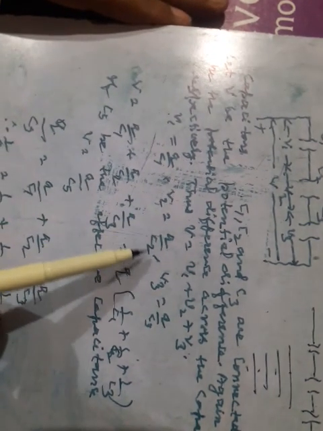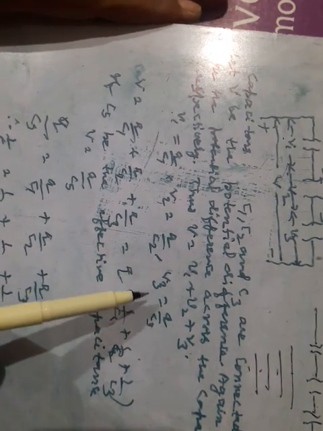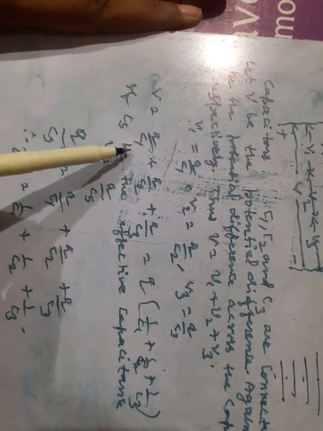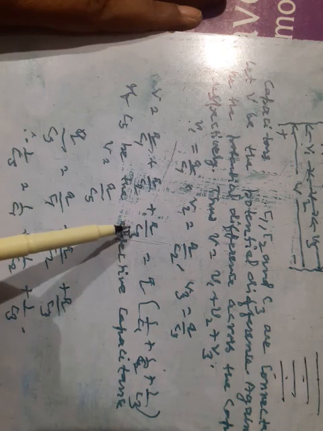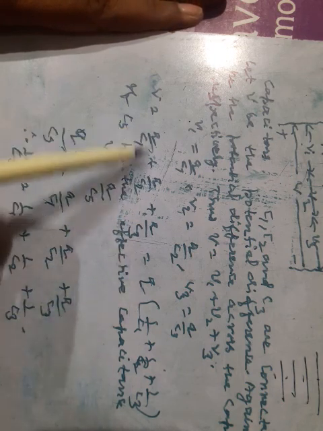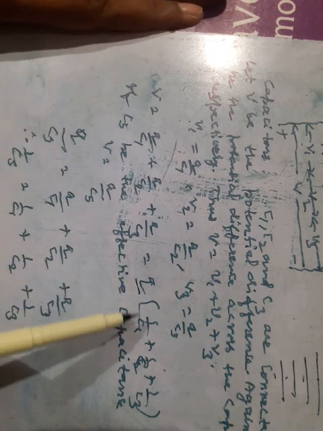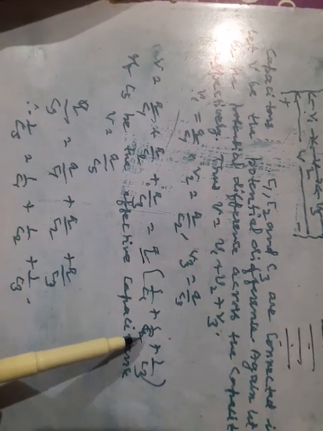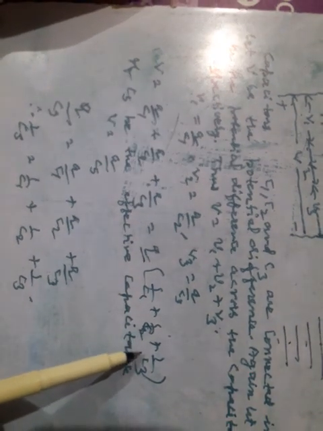Now adding all these things, what will you get? V is equal to Q by C1 plus Q by C2 plus Q by C3 is equal to, here Q is common, so taking Q as common, 1 by C1 plus 1 by C2 plus 1 by C3.